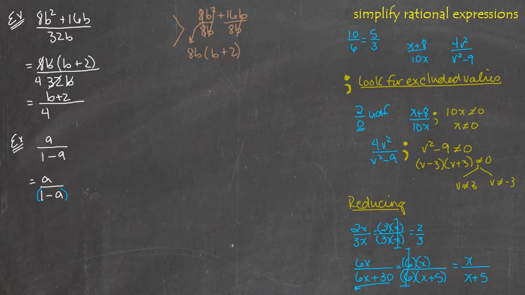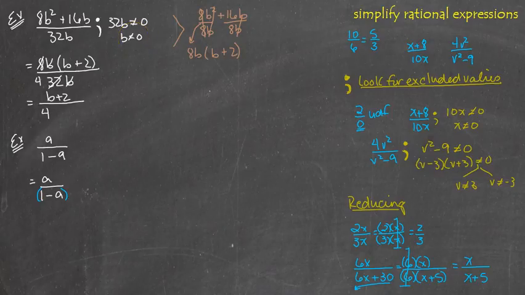I'm going to go back and do something that would have been done immediately, but I wanted to make this point first. So when we got this original problem, before I factored and did everything else, I should have made sure I checked for excluded values. So I know that 32b, which is the denominator, cannot equal 0, which means if b equals 0 in my final evaluation, I have to throw my answer out.